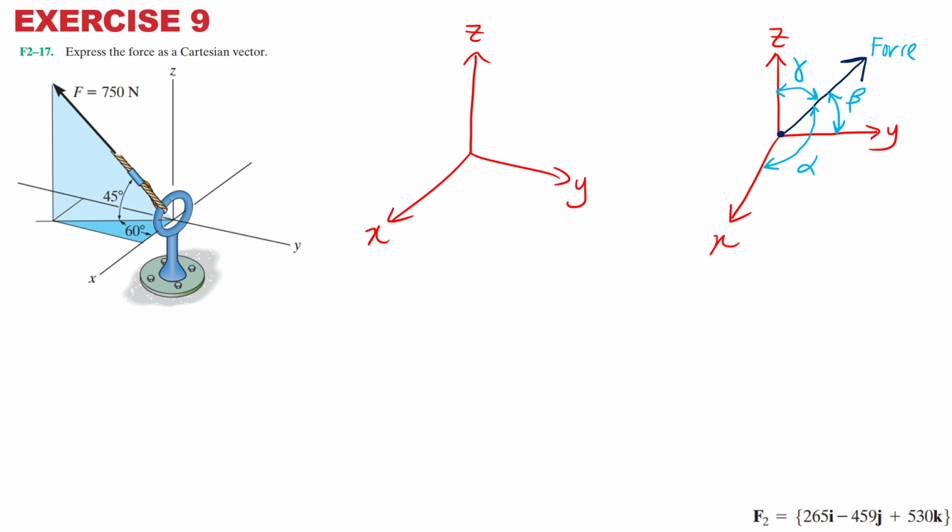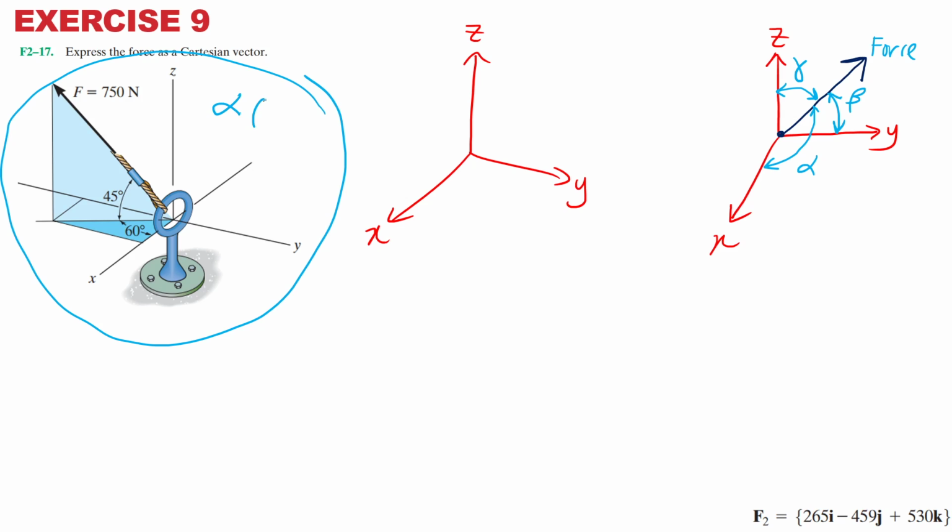So now, take a look at this picture. Is it similar? Are we still using alpha, beta, and gamma? What do you think? How does it look? If you notice, it is no longer the force to the x-axis, which is this one.